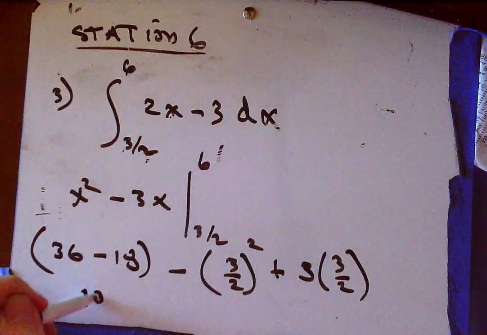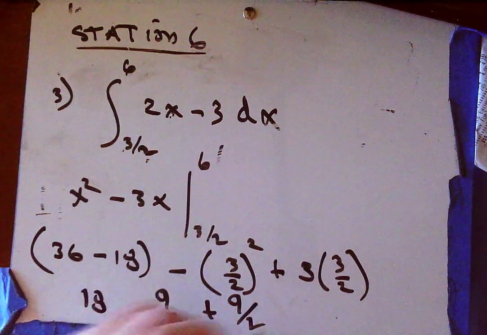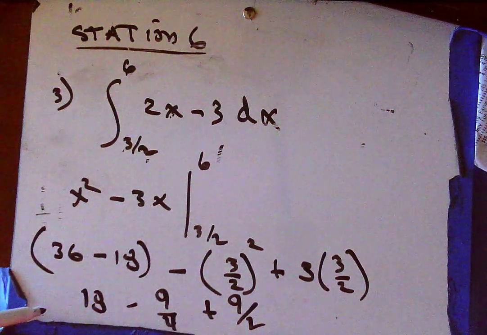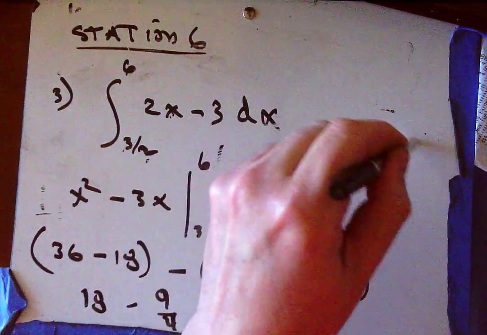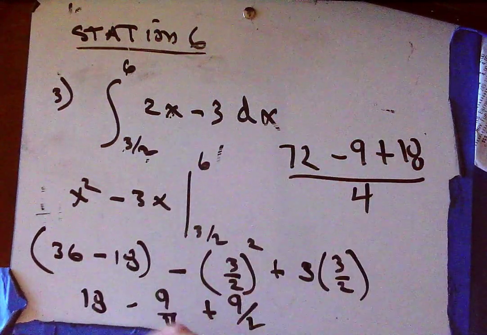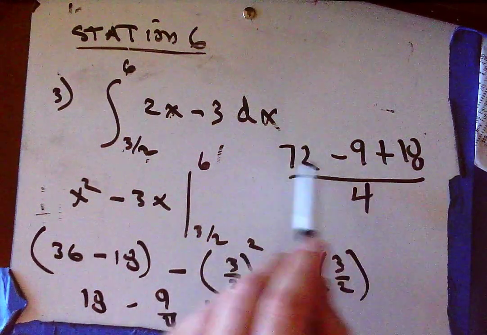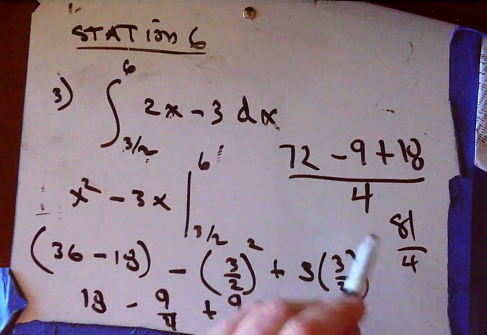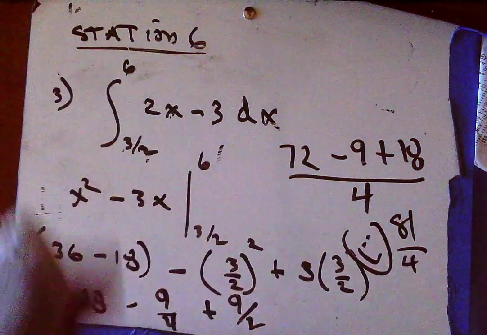We're going to get 18 minus 9/4 plus 9/2. I like to make a common denominator everywhere, so 72 minus 9 plus 18 over 4. That's going to be 90 minus 9, which is 81/4. And we've seen that answer before. So appeal to the geometry of the situation.